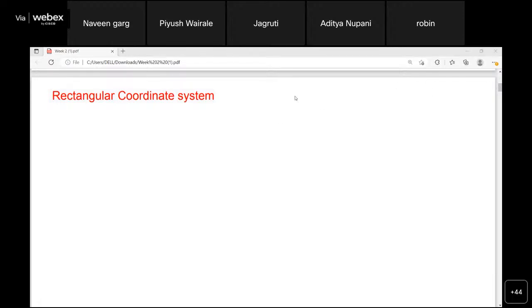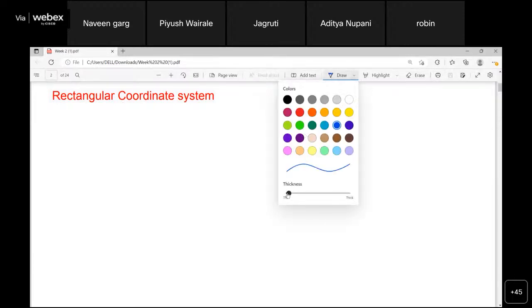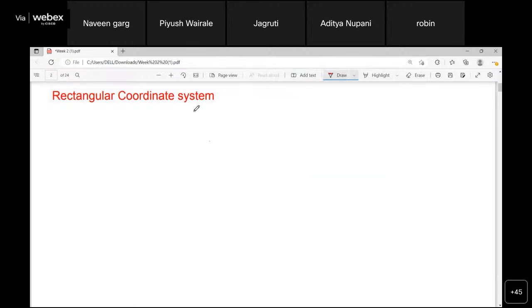So the first topic in week two is the rectangular coordinate system. Why do we need a rectangular coordinate system? Suppose this is a plane, and I have one point here. Can I tell the exact location of this point unless I know the x-axis and y-axis?